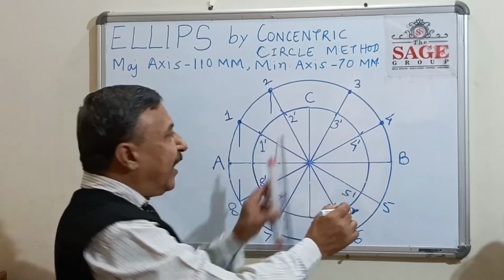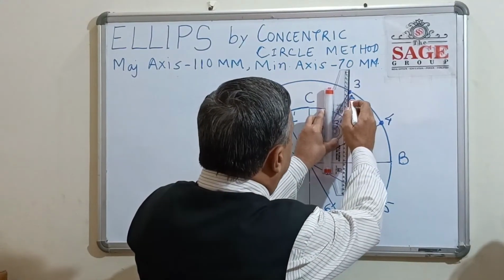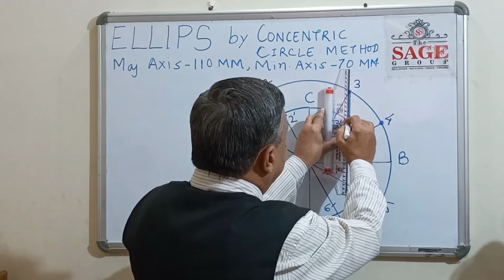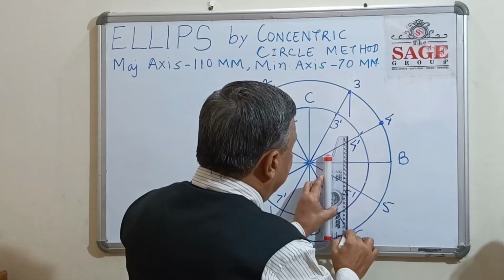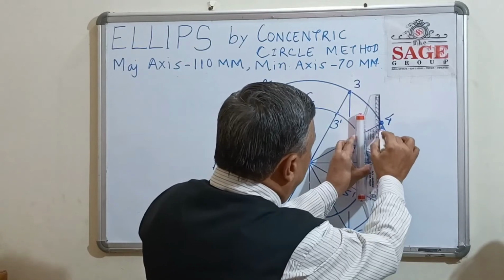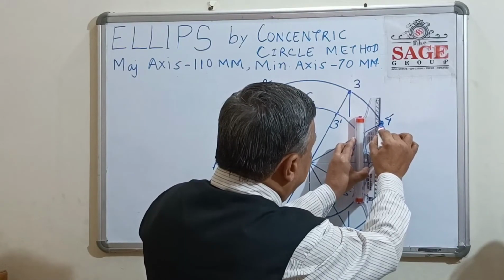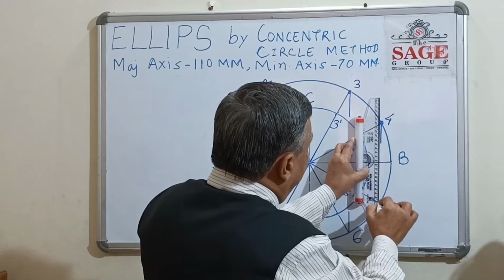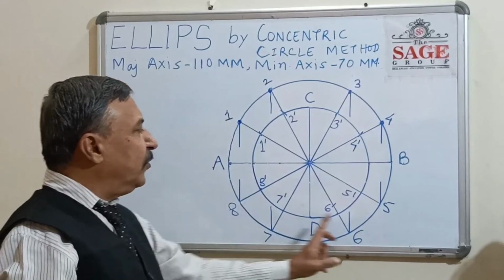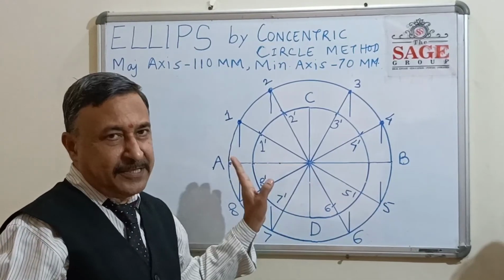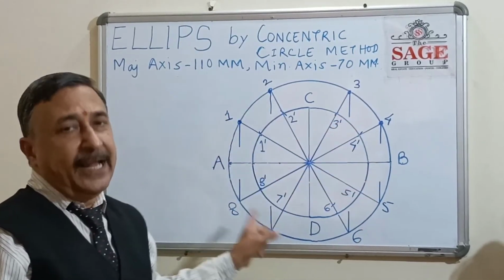Similarly, that side also: downward direction, upward direction, downward direction, and upward direction, like this. Means see, in 4 strokes I have drawn all 8 lines.